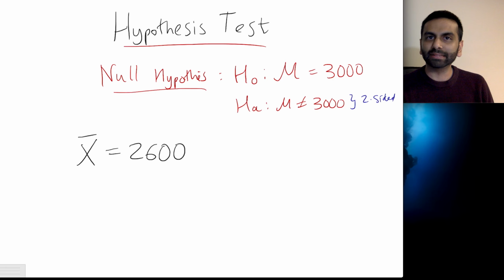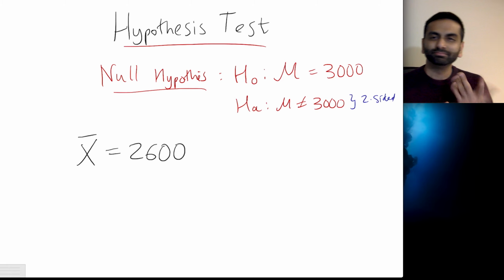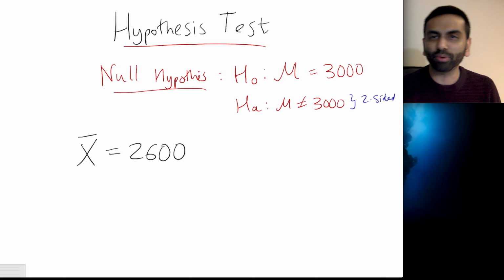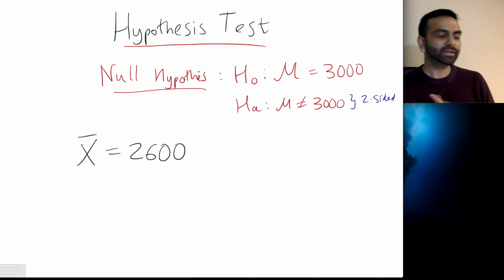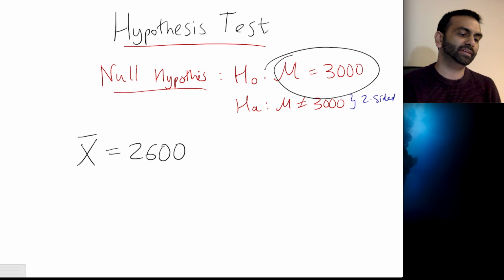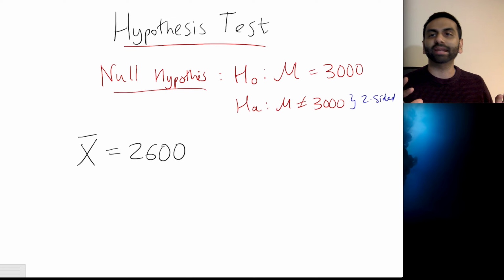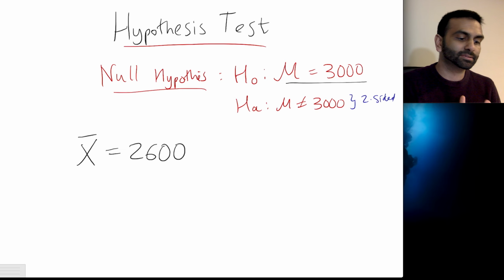Now, it might be tempting to say, well, there you go, they're wrong because we got a number that's not their guess. But what if your sample average was 2999 or 3002? If you get a number really, really close to this, then you can't really say that they're wrong because you only looked at a sample. If you really surveyed every single hospital and got the true number of empty beds, you might actually get exactly 3,000, who knows, right?